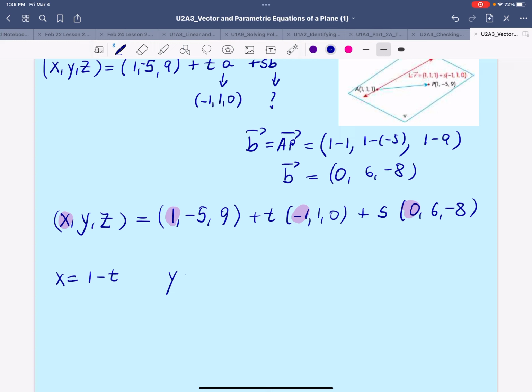For the parameter y, we have -5 minus t plus 6s. And the last parameter, z, 9, 0, and -8. So we'll say that z equals 9 plus 0t minus 8s. So here go the 3 parametric equations of our plane.